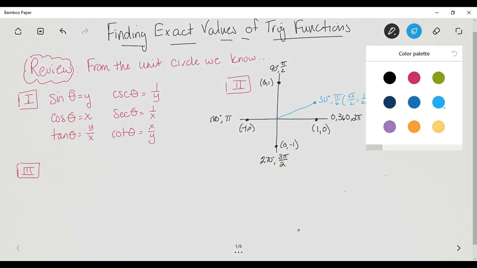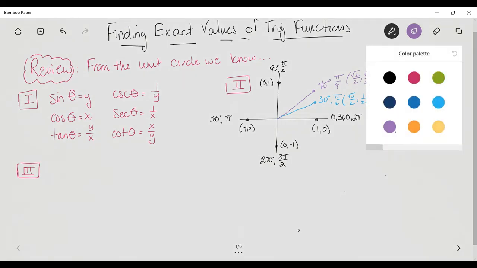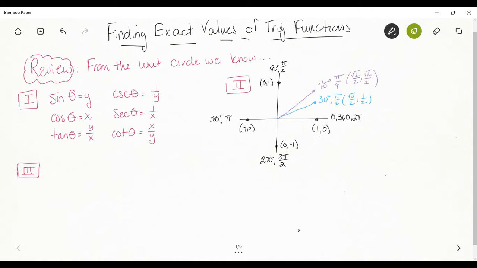Our next reference angle is our 45-degree angle, which is going to go right about here. And that 45-degree angle has a reference angle of pi over 4 and a coordinate of root 2 over 2 for x and y. Our third reference angle of 60 degrees is going to go right here.